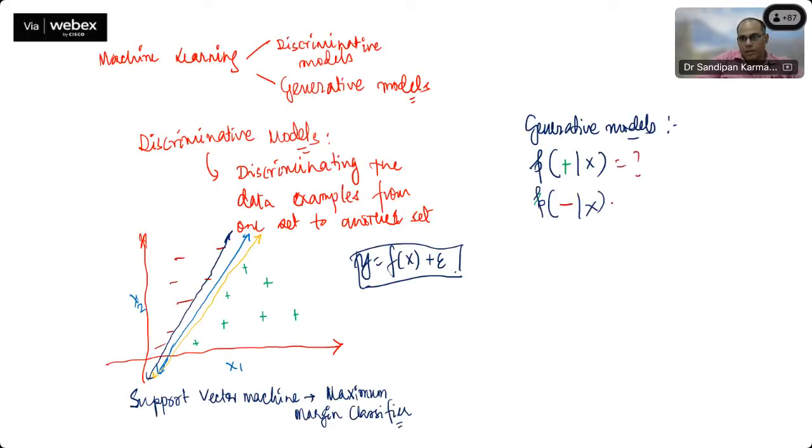Okay, so can I find it out? Now, whenever you are going to find it out, as this is a conditional probability, this will be p of x given plus multiplied by p of plus, divided by p of x. Similarly, this will be probability of x given minus multiplied by p of minus, divided by p of x.